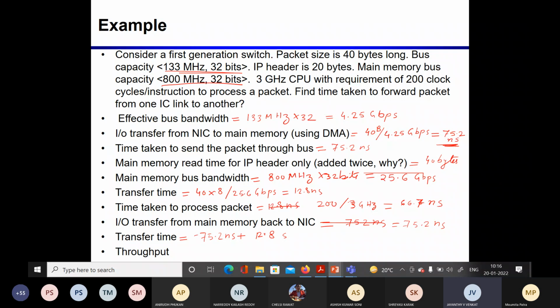1.39 gigabits per second. Throughput, ma'am. Ma'am, your voice is breaking.